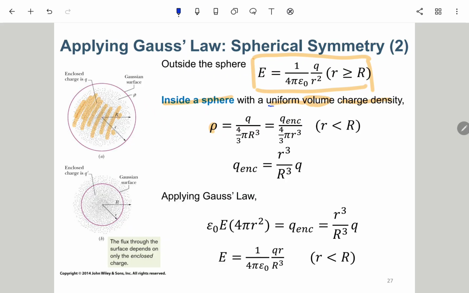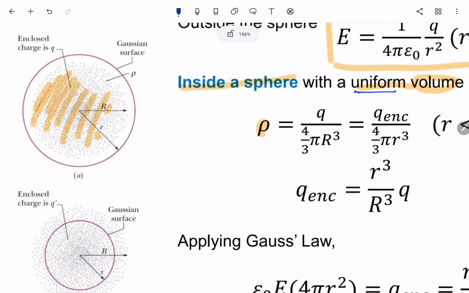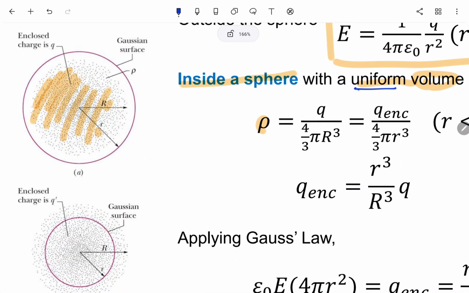As it is uniform, rho will be the total charge in the sphere divided by the volume. The volume of a sphere is 4 over 3 pi R cubed.